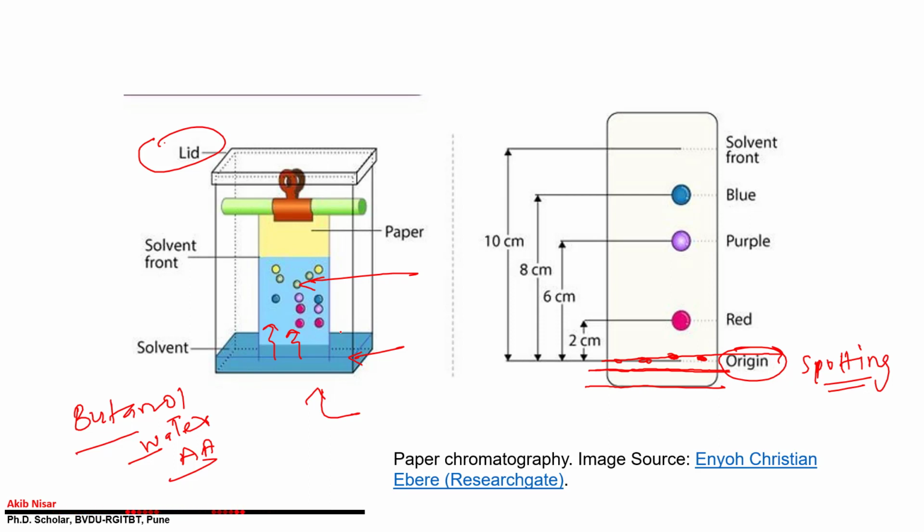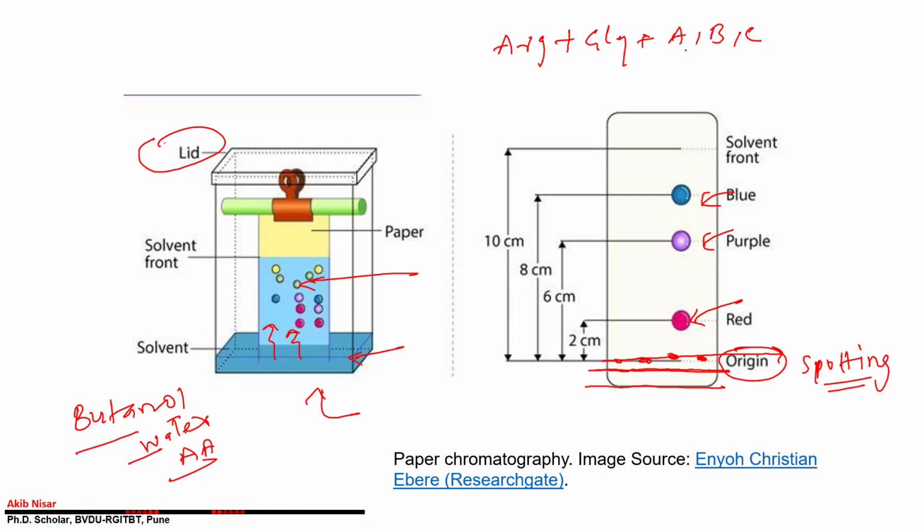And pore size is fixed. So finally what happens is that your solutes, or mixtures, are going to separate out into the different solutes present. Like here you can see a red one, a purple one, a blue one. Or when you are talking about amino acids, maybe arginine, glycine, you have a mixture of arginine as well as glycine, as well as other amino acids, like A, B, C, anything.